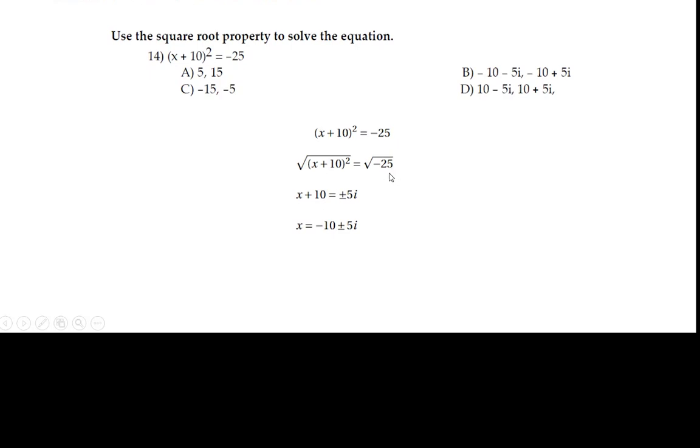The square root of -25 would be plus or minus 5i. Subtracting 10 over so we get the x by itself, we get x equals -10 plus or minus 5i. So -10 minus 5i and -10 plus 5i.